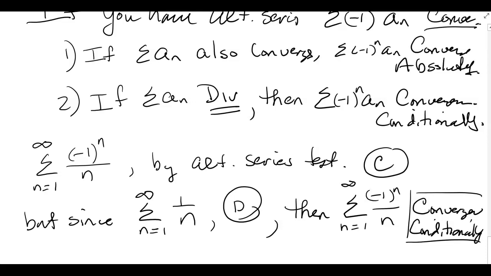So here's the deal. Anytime you are dealing with an alternating series that converges, you have to then check the original series by doing whatever test you want to do, or it might be something as simple as we already know the harmonic diverges, to determine if that series diverges or converges, because then that will help determine if your original alternating series converges conditionally or converges absolutely.